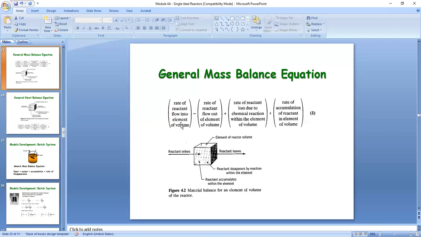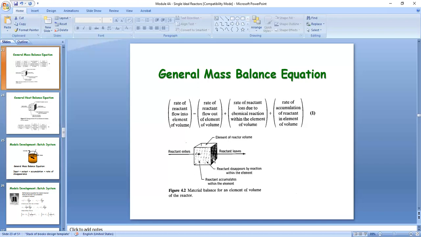Okay, but this is our general or generic mass balance equation. Input is equal to output plus amount lost due to chemical reaction plus the rate of accumulation, if there is any amount accumulated within this element of volume.